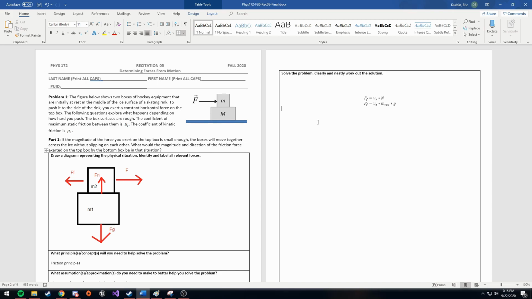And I think what's going on here is since the bottom box is exerting a force in the negative x direction, a negative static friction, the top box is counteracting by giving a positive x direction static friction, which therefore moves the bottom box. That probably didn't make sense. Hold on, I think that makes sense.